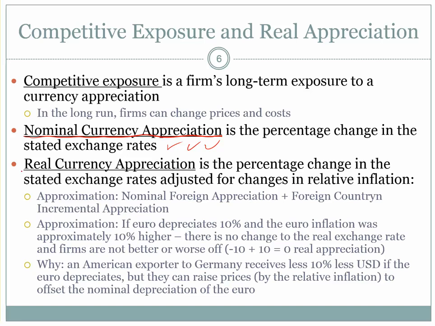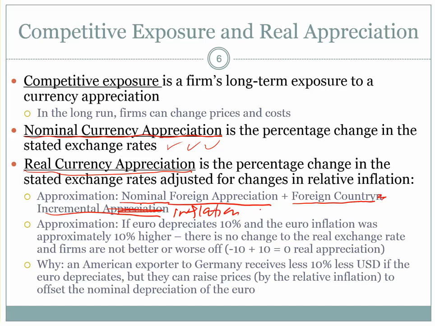However, in finance, we calculate something called a real appreciation of a currency. A real appreciation of a currency is a nominal appreciation adjusted for inflation. And as an approximation, a real appreciation of a foreign currency is the nominal appreciation of the foreign currency plus the foreign country's incremental inflation.